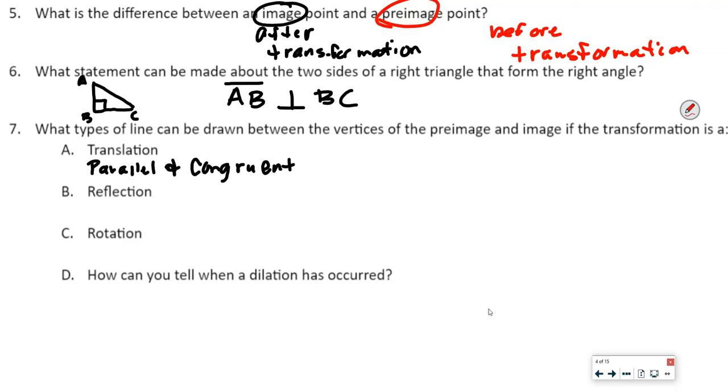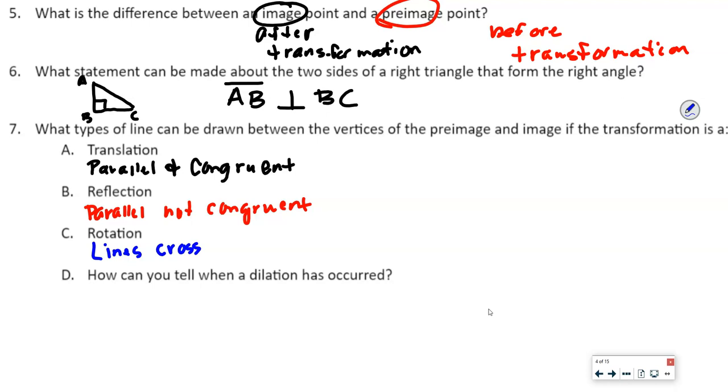Now, the lines with the reflection are going to be parallel, but not congruent. This is the one where, when we bisect our parallel lines, that's where our line of reflection is. And then with rotation, our lines are going to cross.